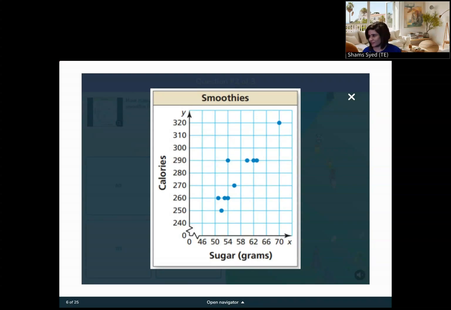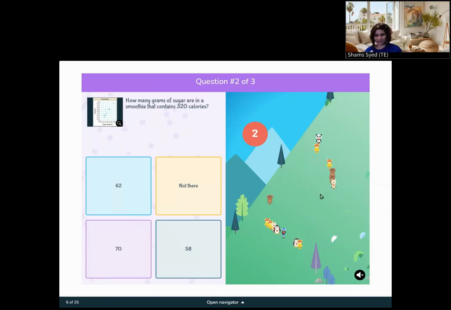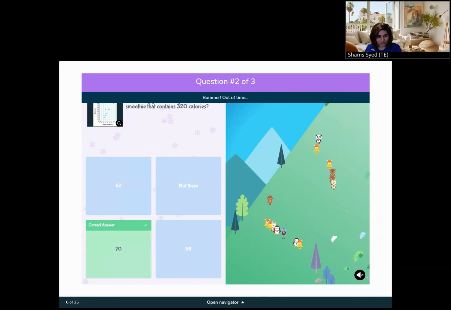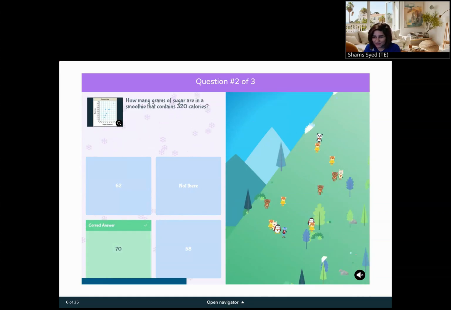Seems like almost everybody is answering correctly, except for maybe one. So you guys are showing me mastery over reading the scatter plots. Wonderful. This is how you guys have answered. Look at how you guys are moving forward. Almost everybody who answered is moving forward. Very good, very good.